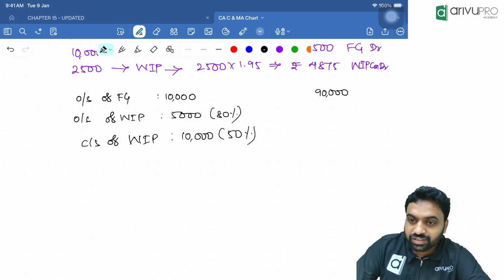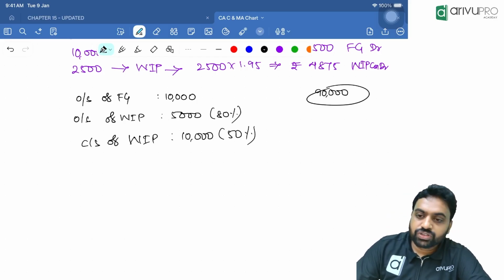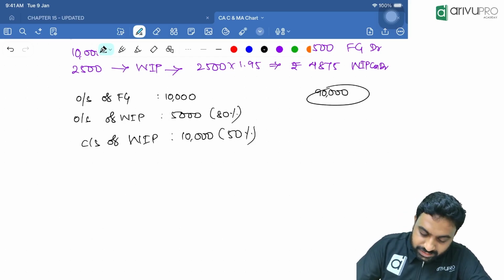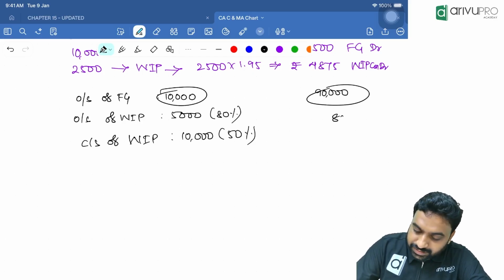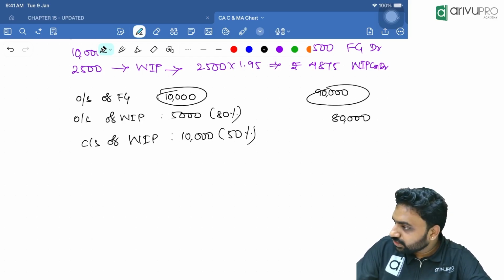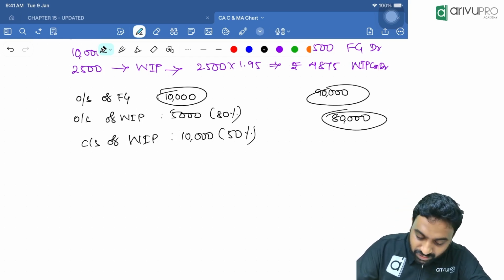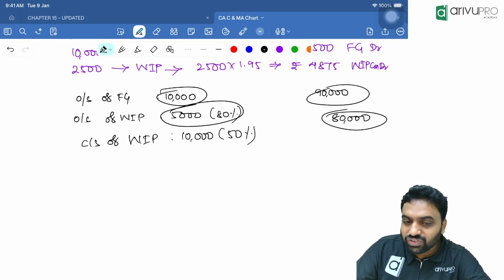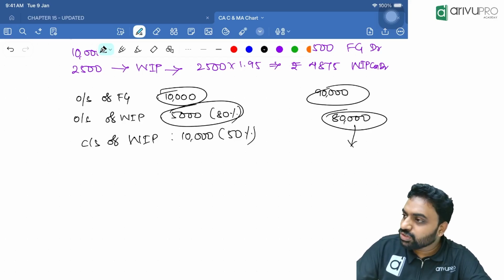Try to understand: the overhead I am incurring during the period is not to produce 90,000, because in that 90,000, 10,000 was already produced, right? That means to produce 80,000 finished goods, and in this 80,000 also I didn't produce in full, because 5,000 was already in production. Of that, already 4,000 is done. That means it took only resource equivalent to 1,000.